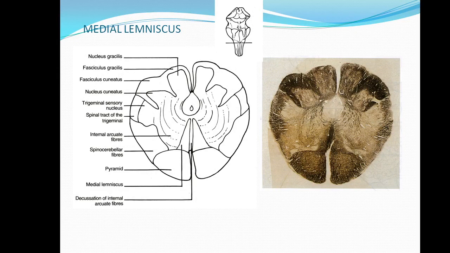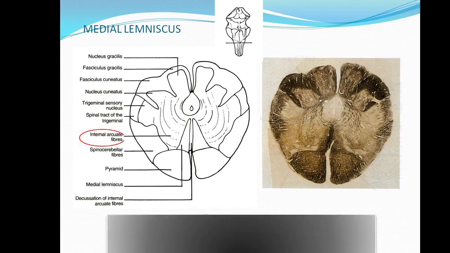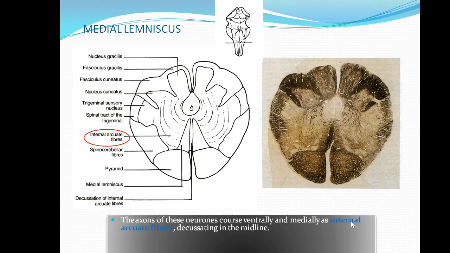Medial lemniscus. The axons of these neurons course ventrally and medially as internal arcuate fibers, decussating in the midline here. You can see the decussation.